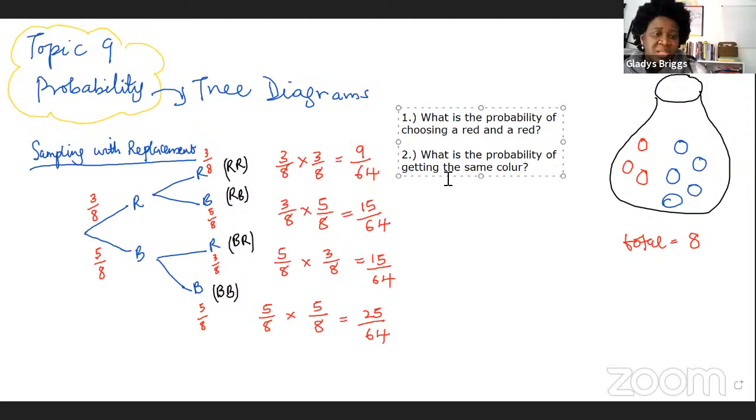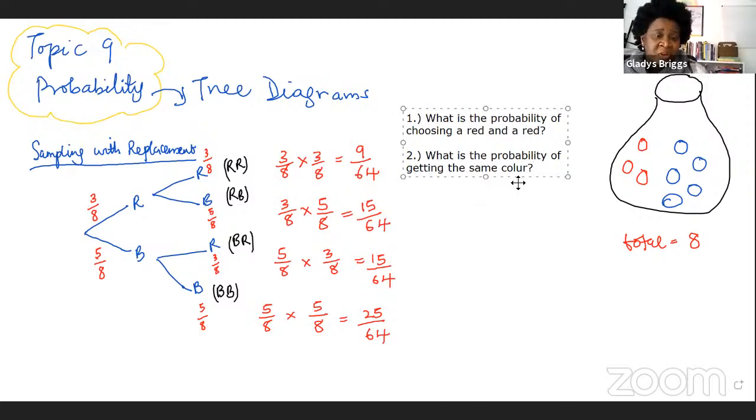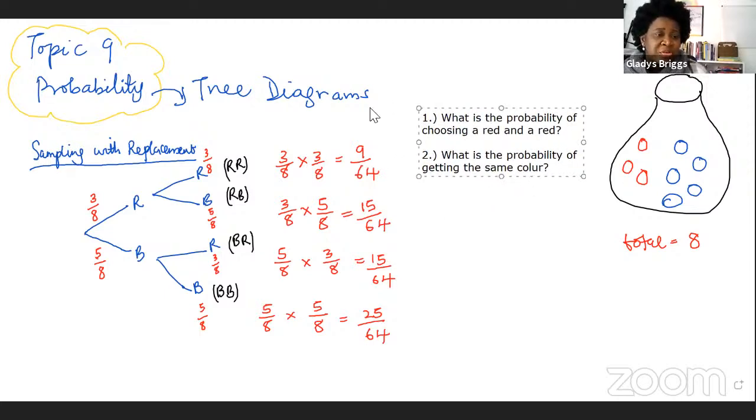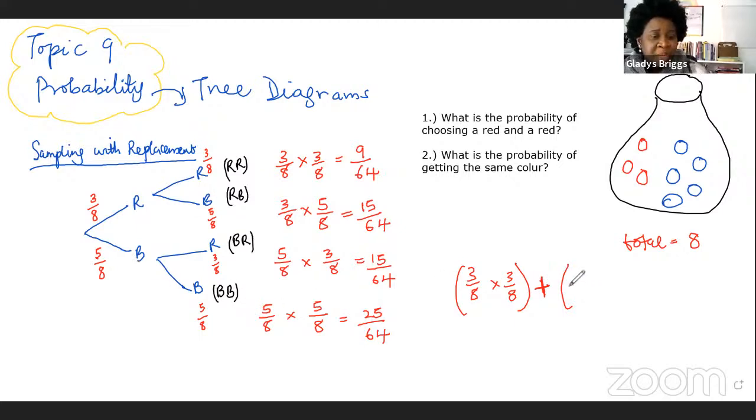So the probability of getting the same color is you can get red and red, or blue and blue, okay? So red and red is 3/8 times 3/8. Or, you're using the or rule, this time you have to add, okay? Or 5/8 times 5/8 for blue and blue.